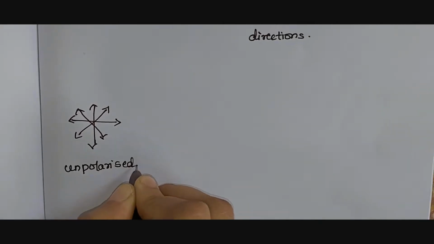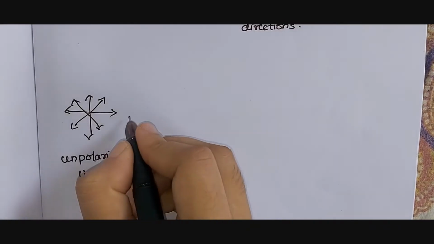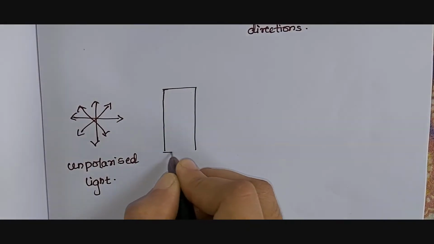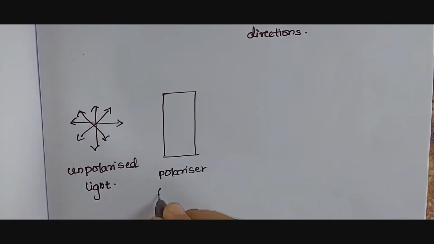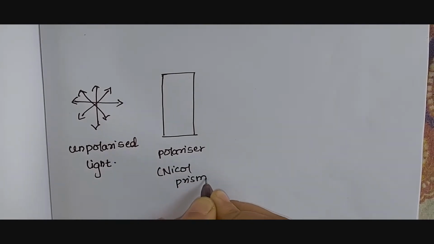We will pass this unpolarized light through a nicol prism, and when it passes through the polarizer, the ray which comes out will be a single ray.